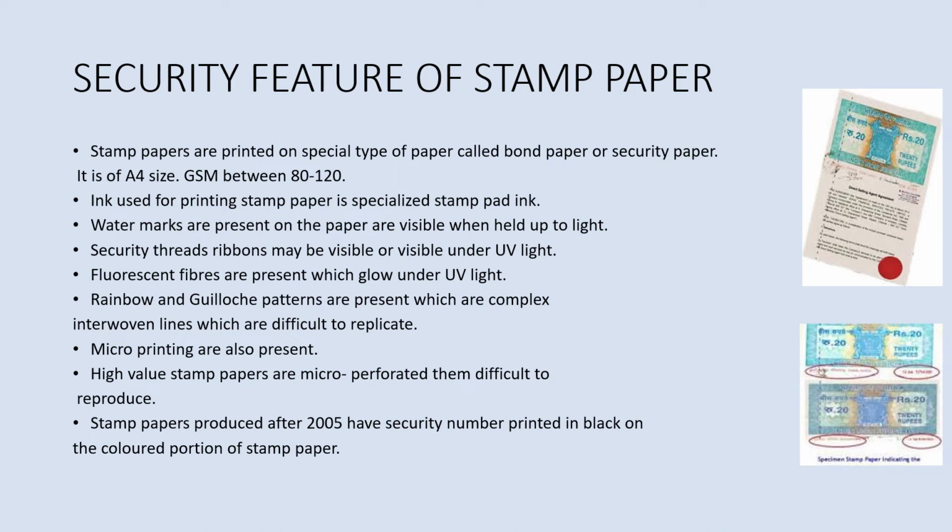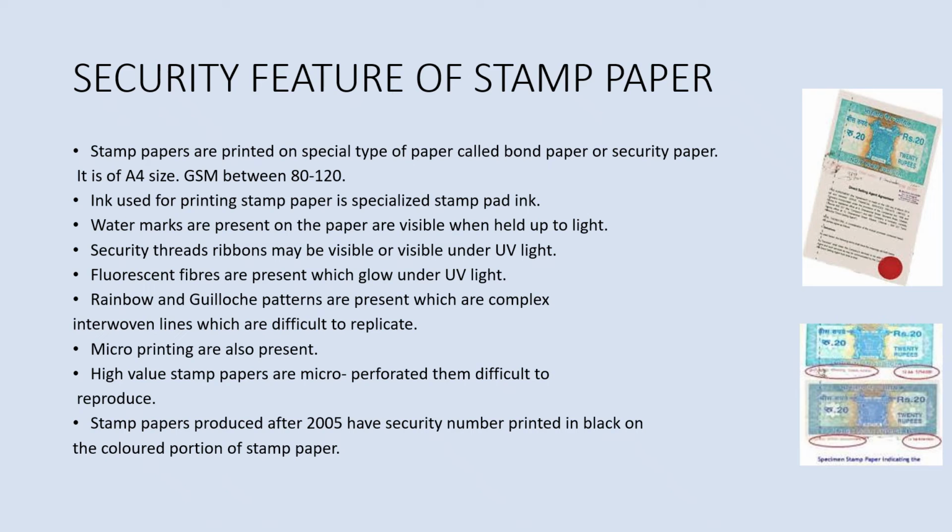The rainbow and guilloche patterns are present, which are complex interwoven lines that are difficult to replicate. Microprinting is present, and within this microprinting on the stamp papers, security fibers, there is written Bharat in Devanagari and RBI in English.